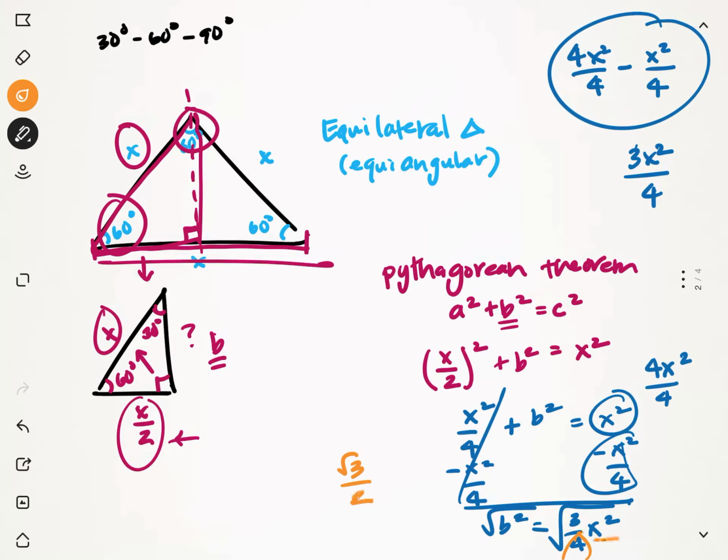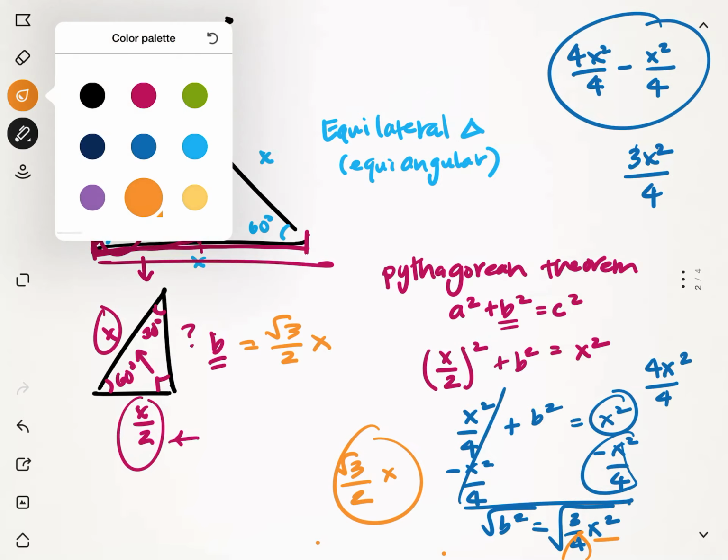And then the x squared is a perfect square as well. The square root of x squared is x. Right, so b is going to be the same thing as square root of 3 over 2 x. So now we have everything in terms of x.